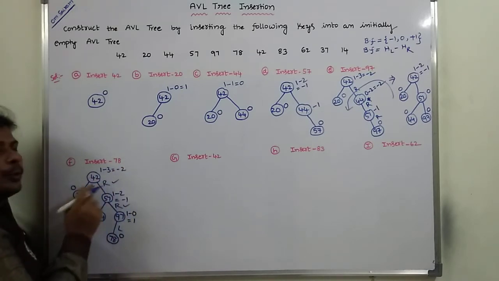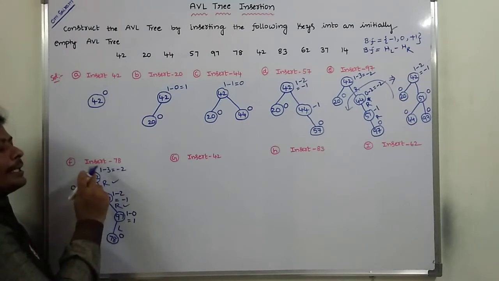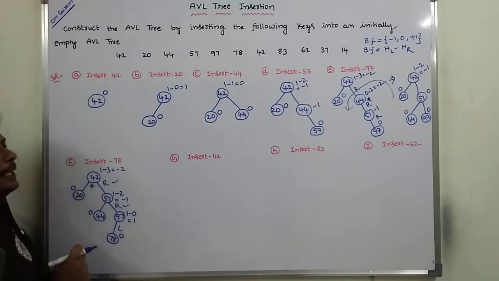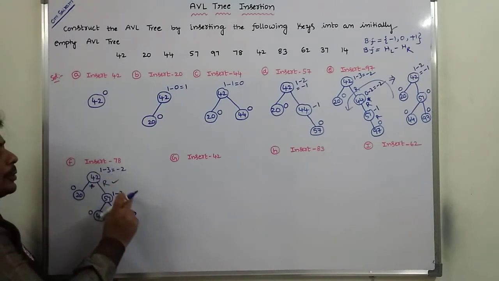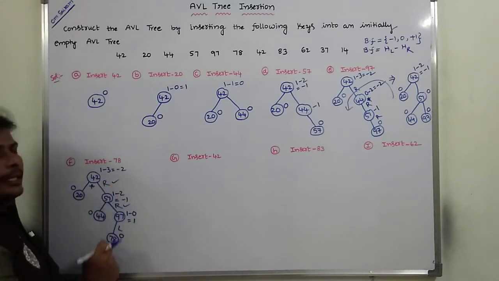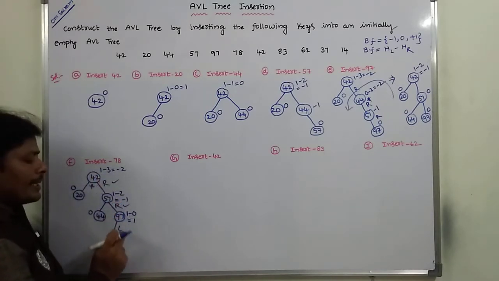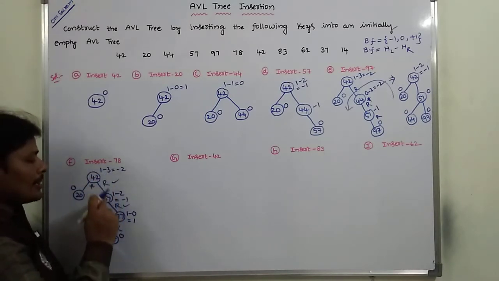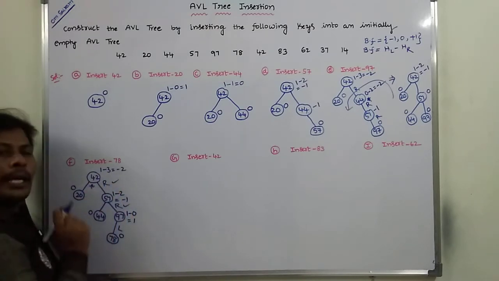Now we have to reduce the height of the AVL tree by using rotations. So here we have to insert 78: 42 right and 57 right and 97 left. But we are concentrating only on these two R's. RR rotation.